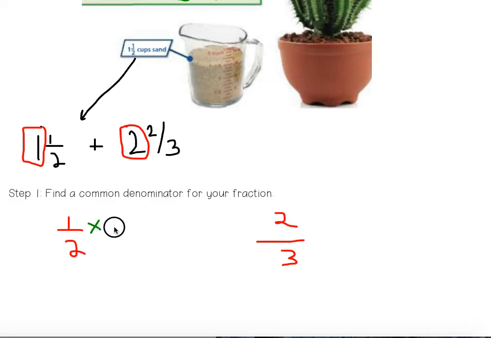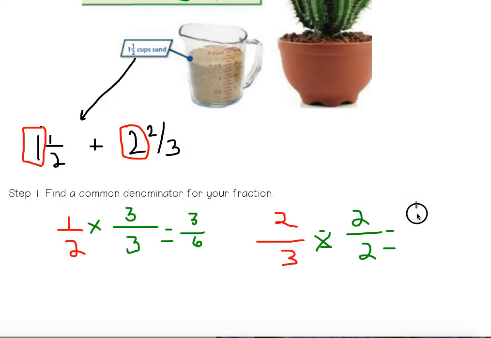So in order to get 6 in my denominator, I need to multiply by 3, and whatever I do to my denominator, I have to do to my numerator. My new equivalent fraction is then 3/6. And then I need to get 6 in this denominator, so I multiply by 2, and whatever I do to the denominator, I have to do to the numerator. 2 times 2 is 4, 3 times 2 is 6.